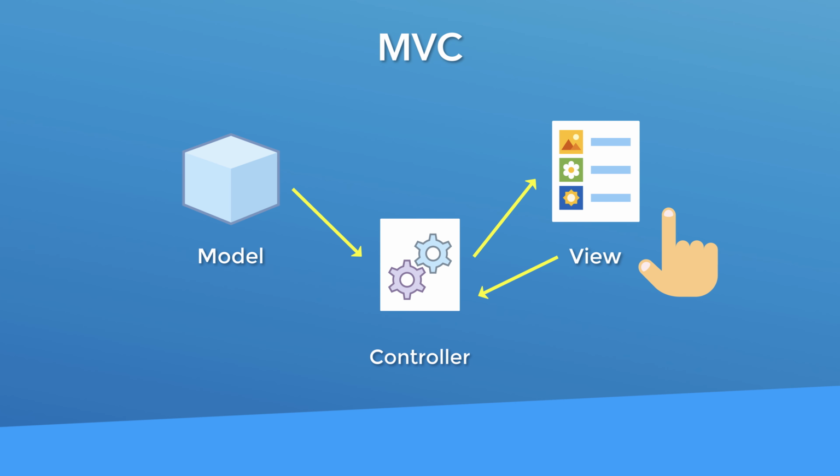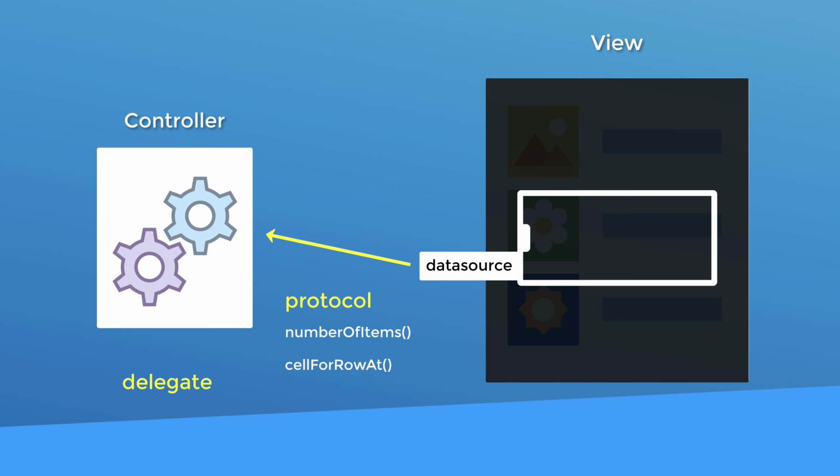Now, the collection view doesn't actually care who is assigned as the delegate. All it knows is that it's going to call the methods as defined by the protocol on the object that's set as its delegate. So to make this more concrete, let's take a look at this in the context of the MVC design pattern.